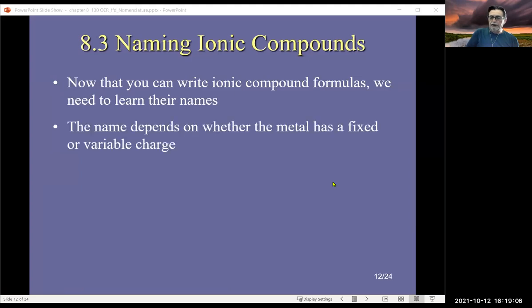And the name depends, and here we're talking about ionic compounds first. We'll get into the covalent compounds. But the thing about the naming of covalent and ionic compounds with respect to the partner, if you will, the non-central element, and I say this broadly because in ionic compounds you have the anion, like the chlorine becomes chloride.